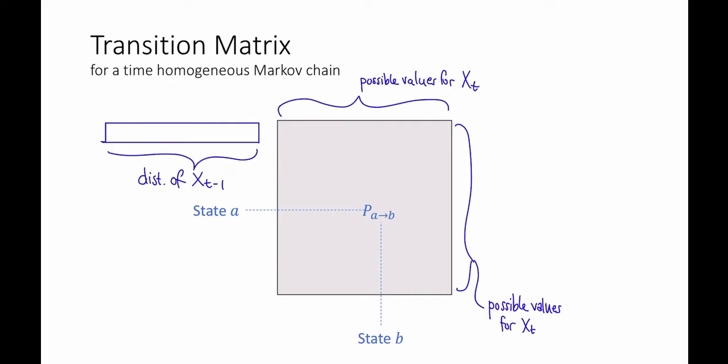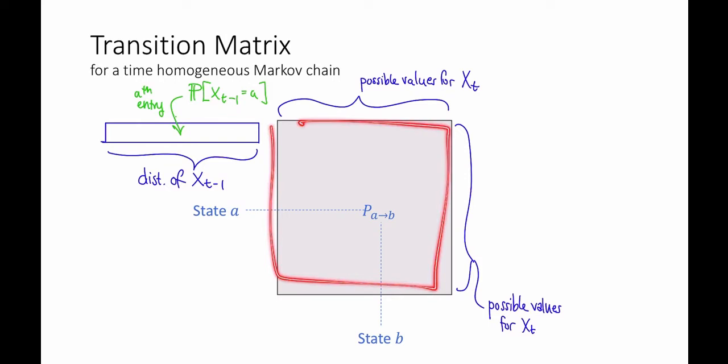When I say write the distribution of xt minus 1 as a vector, what I mean is that the ath entry of this vector is going to be equal to the probability that x sub t minus 1 is equal to a. And the reason I've drawn this vector over here is because I intend to multiply it by this matrix.